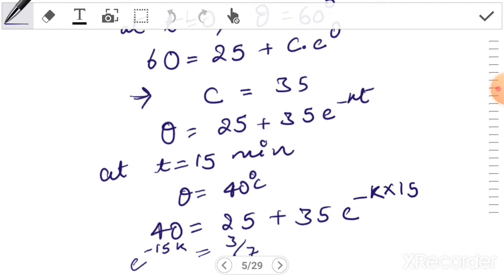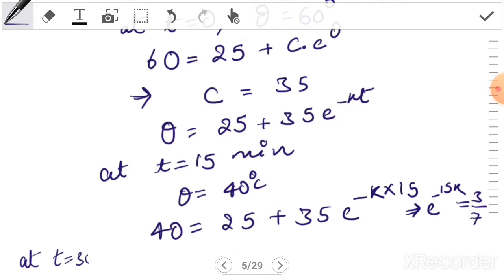Now at t is equal to 30 minutes, theta is equal to 25 plus 35 e power minus 30k.